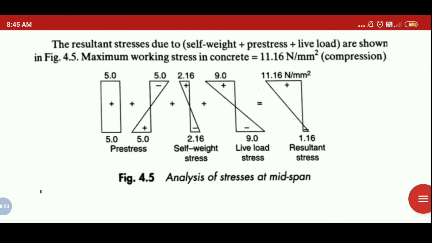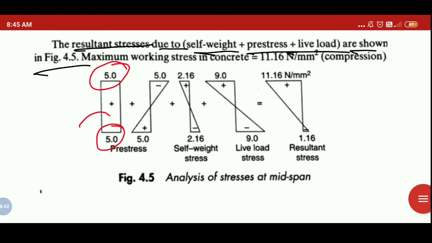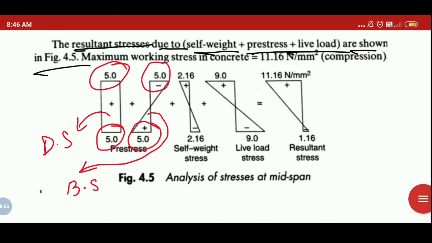And now the resultant stress due to self-weight, pre-stress and live load are shown in the figure. So we put here the direct stress. This is actually the direct stress. We put here bending stress, the figure for the bending stress, and we put here self weight stress value and the live load stress value.